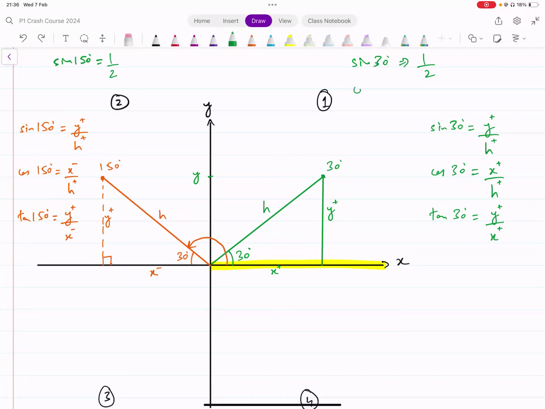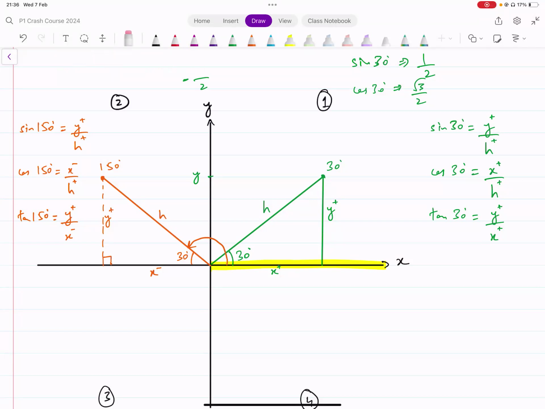However, cos of 30 is root 3 over 2. Cos of 150 is also root 3 over 2, but there's this negative sign with that as well. And similarly for tan, you can try tan of 30 and tan of 150. In the first quadrant, the values will be positive. In the second quadrant, cos and tan are going to be negative.